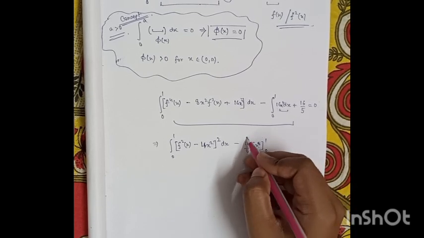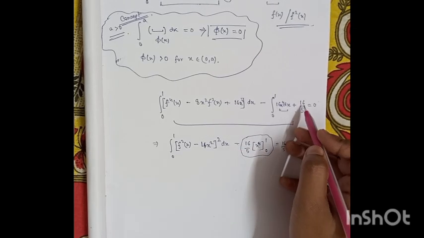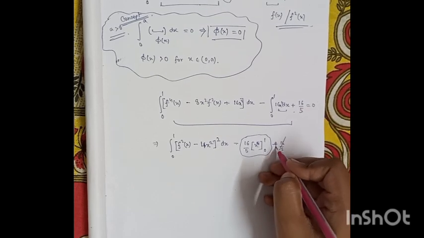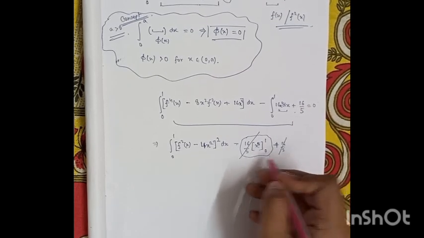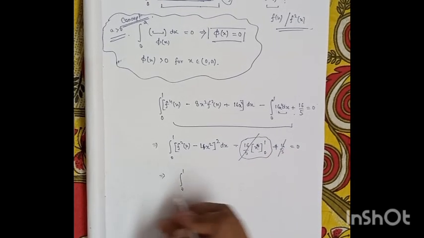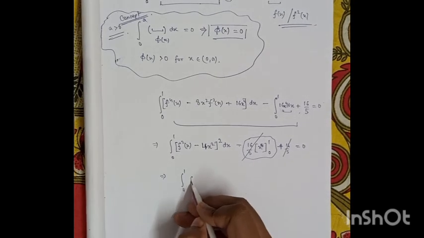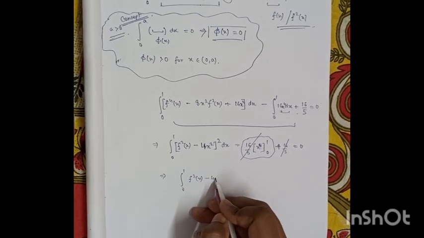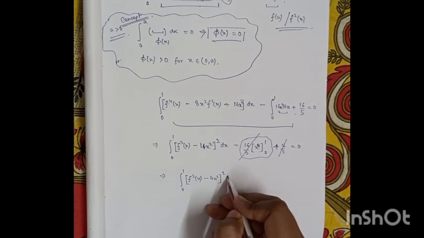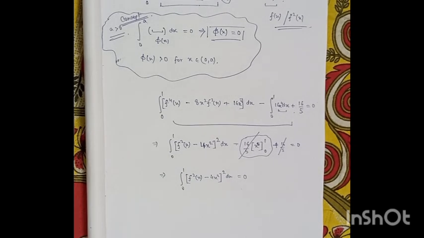That means it is equal to 16/5 with a negative sign, and the other is positive 16/5, so both will cancel each other, equal to 0. So we are left with the integral from 0 to 1 of (f²(x) minus 4x²) whole squared dx, and that integral is equal to 0.